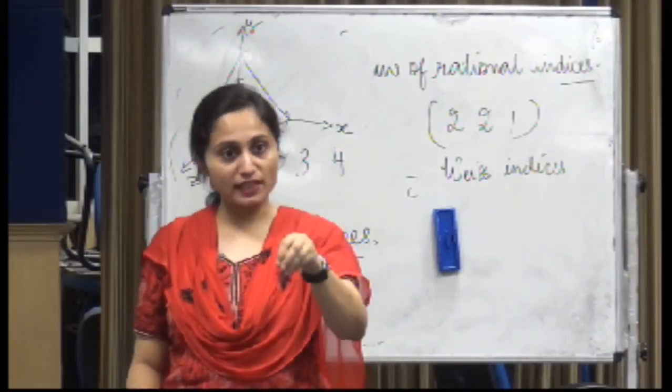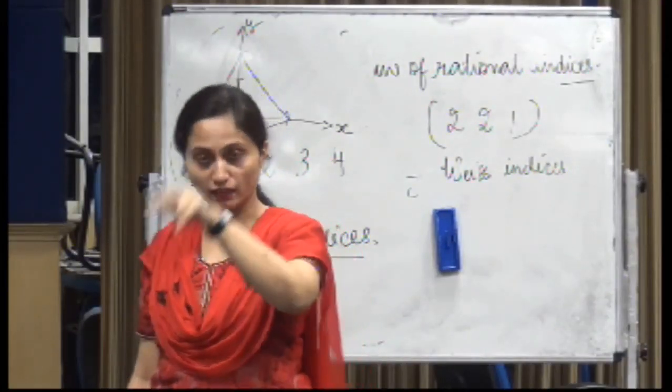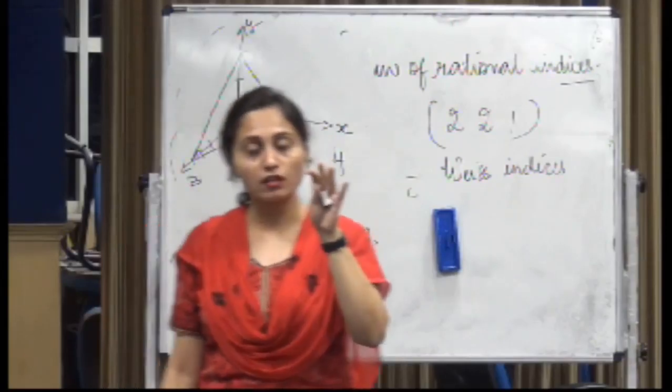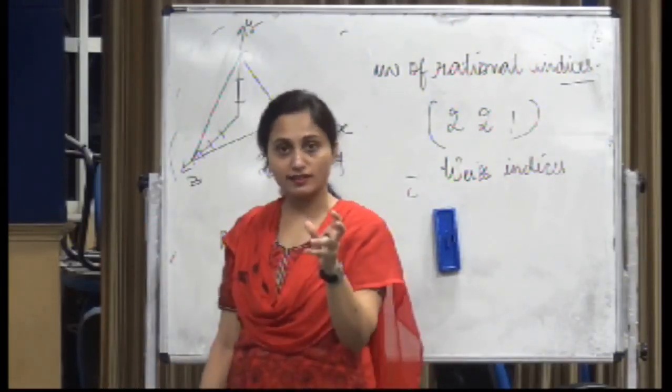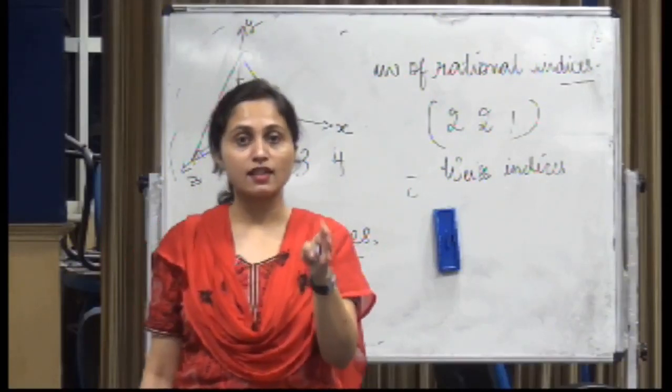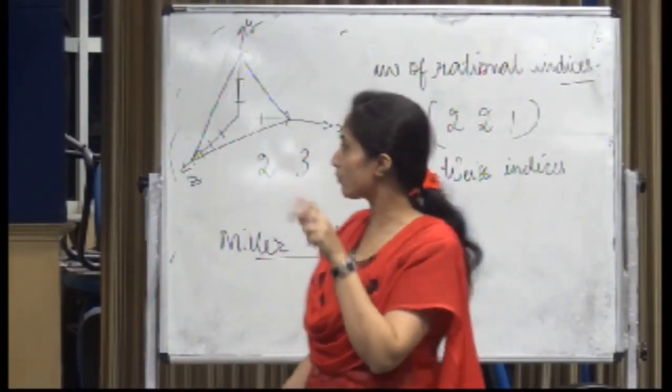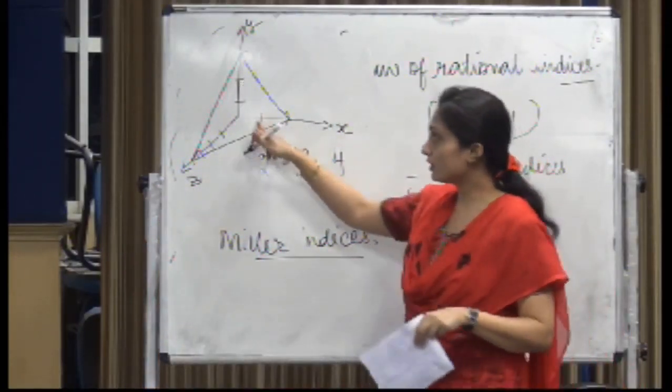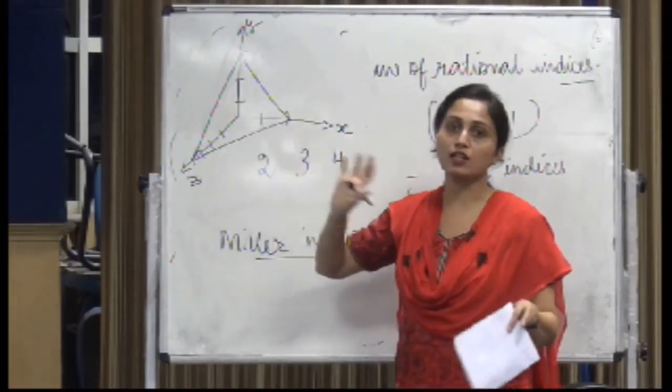Somebody wants me to repeat the second law of crystallography again. The second law simply states that for a plane of a unit cell or a crystal lattice, wherever it cuts my coordinate axis, the ratio of the coordinates with the unit vectors is an integer.